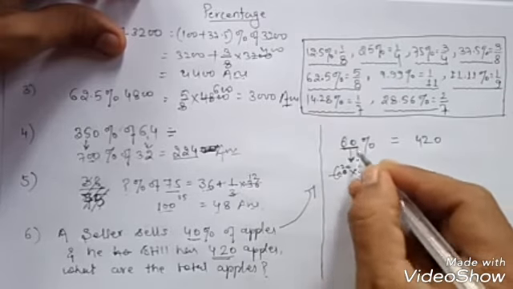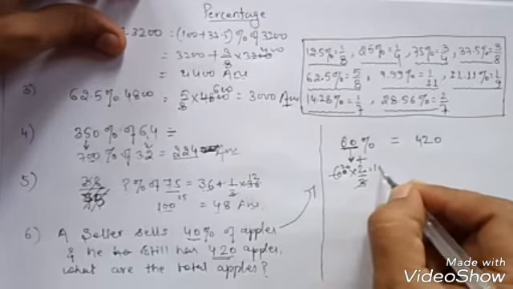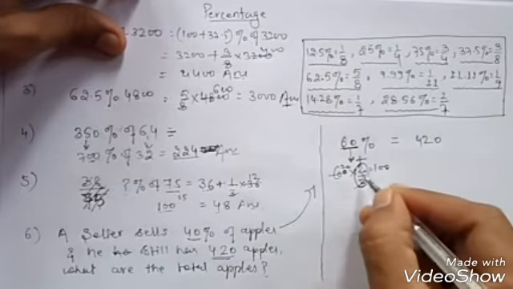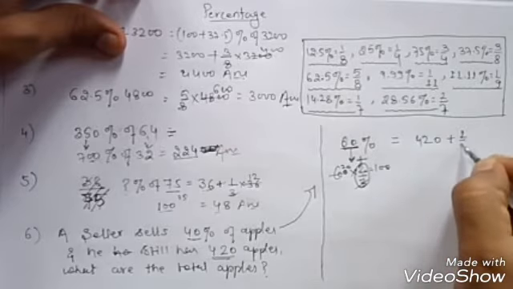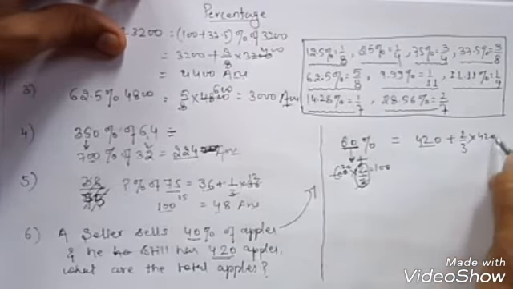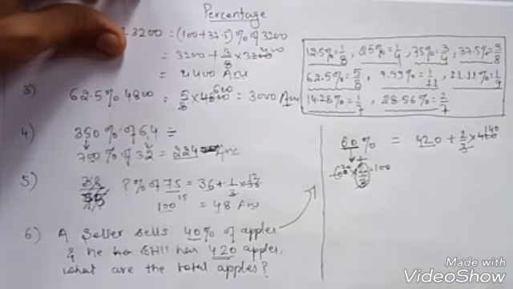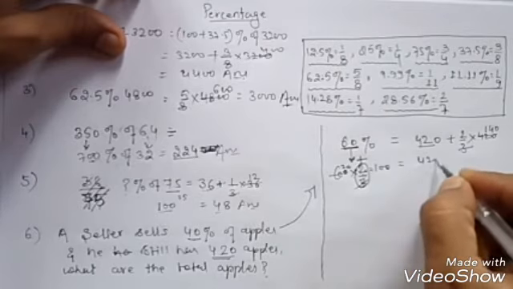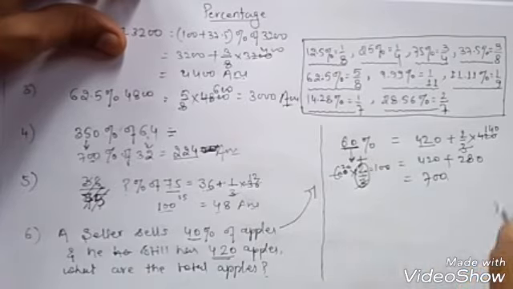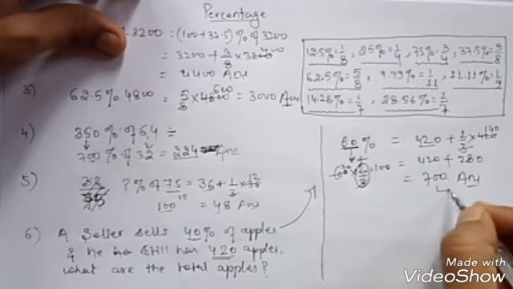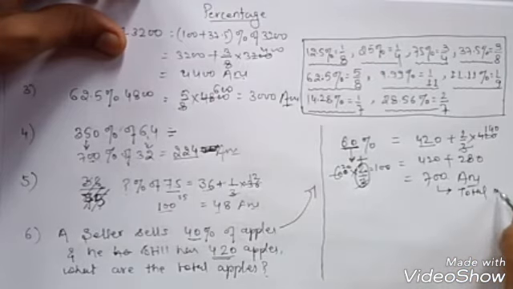So 60 plus 40 is 100. What I added is 2/3 of this number. So similarly I will add 2/3 of 420, which is 280. So 420 plus 280, which is 700, is the answer. These are the total number of apples that the seller has.